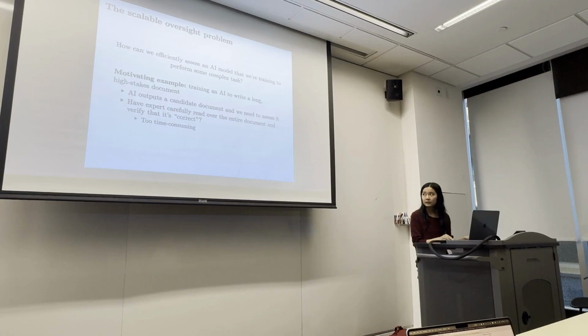One straightforward way of doing this would be to have some sort of expert carefully read over this entire document and verify that it's correct, where correctness depends on human judgment. But this procedure seems like it would be really time-consuming, and in particular, it's probably too time-consuming just to give feedback on one document.